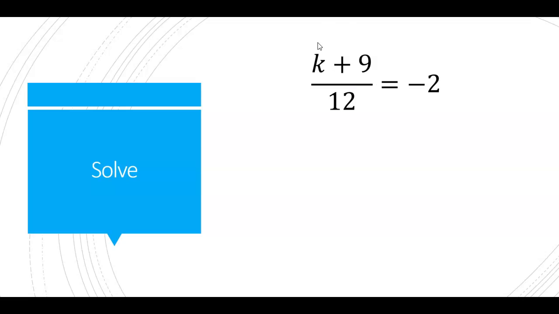Sometimes we would subtract 9, yes. In this case, though, since the 9 is in that numerator, what do I want to actually do, Zoe? Yeah, I'm going to actually multiply both sides by 12, because that is going to cancel the 12 on the left.